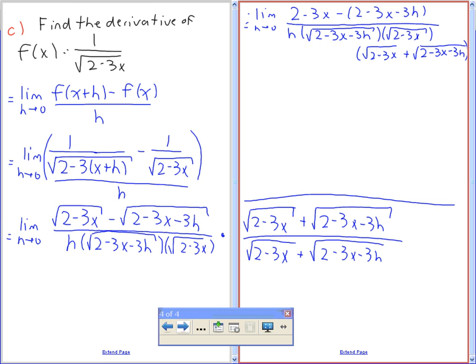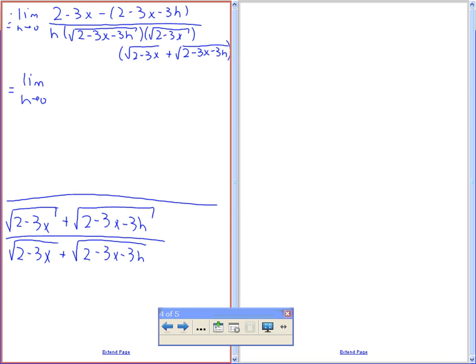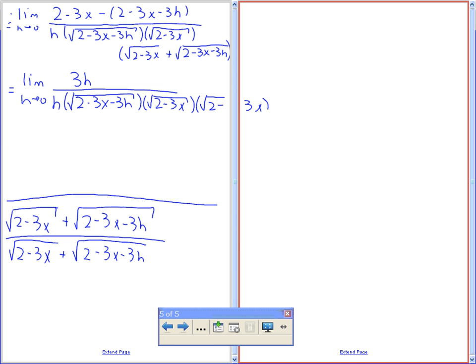Okay, so the numerator, everything cancels out and it's just going to be 3h, positive, all over h times the denominator: root 2 minus 3x minus 3h plus root 2 minus 3x. Please ask if I've lost anybody yet.